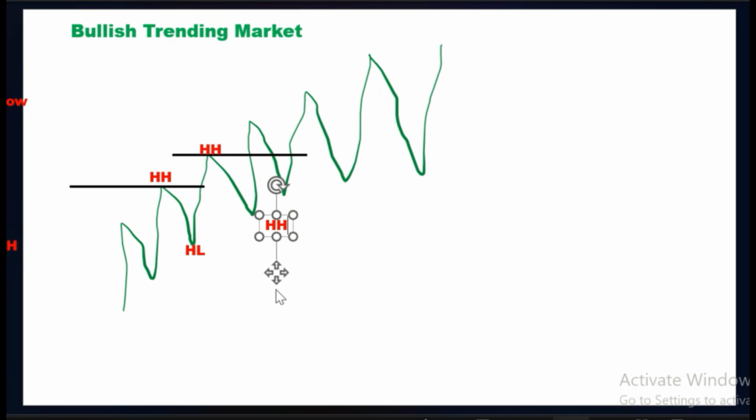This is called a break of structure, or for short BOS, break of structure. So when we have a break of structure above here, then we have another break of structure here.